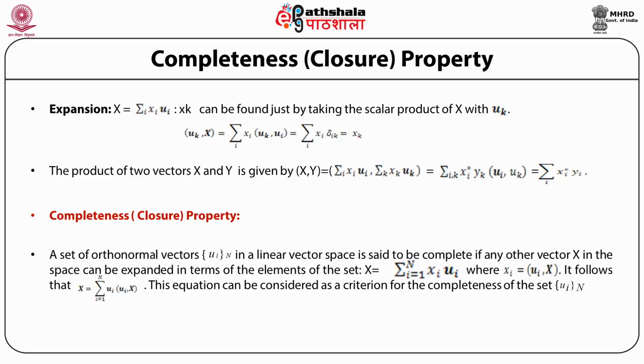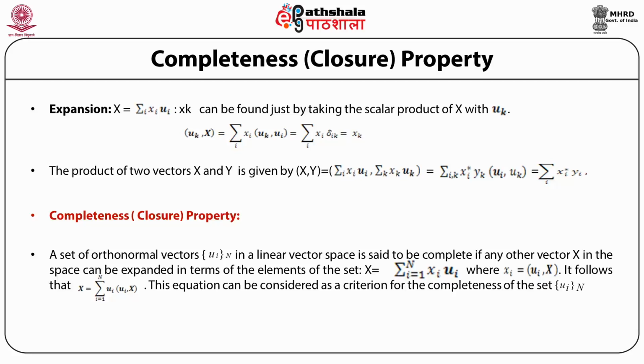Mathematically, this is given as capital vector X is equal to summation i going from 1 to n xi ui, where ui are the set of orthonormal unit vectors and xi are the corresponding coefficients, and where xi is given as the inner or scalar product of the orthonormal vectors ui and vector capital X.